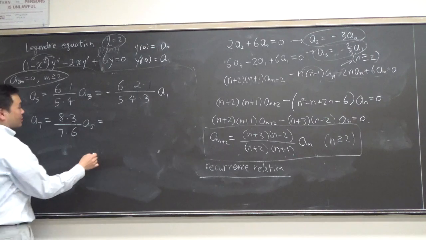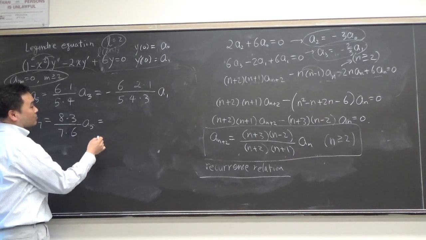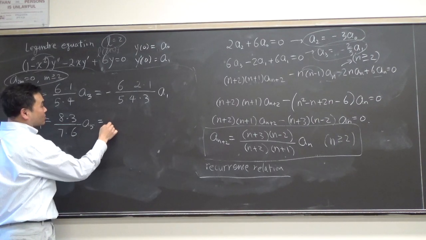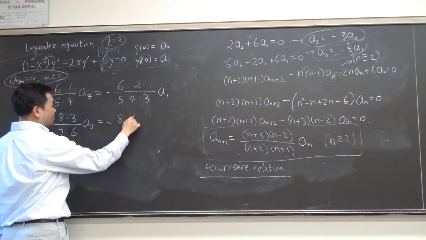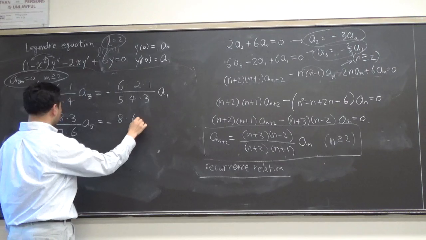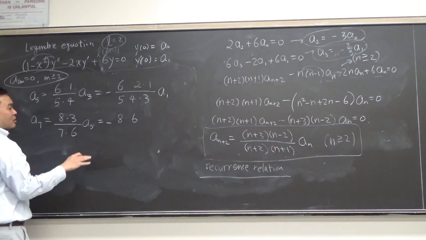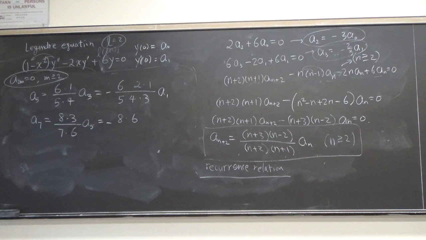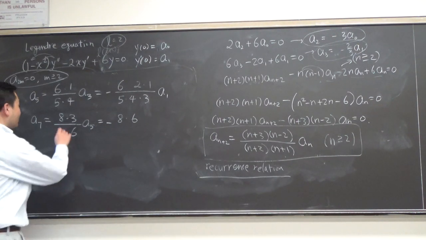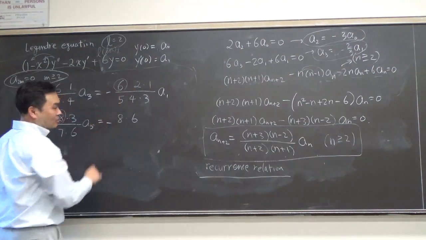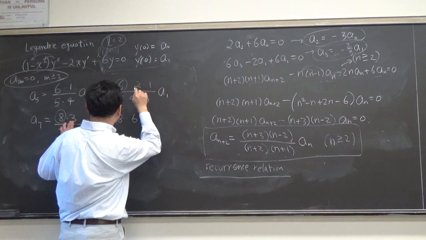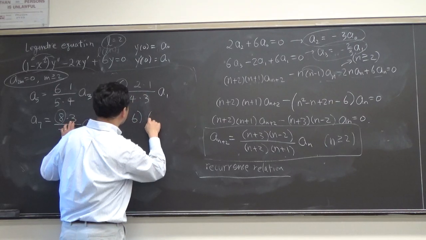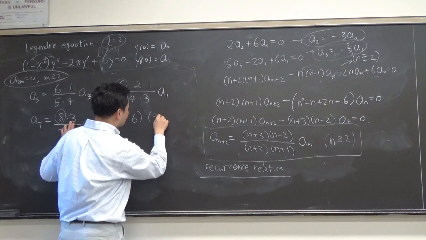So what's that? That's still negative. So negative, it's 8 times 6 times, I just want to write in order. Maybe that's not what I should do. Oh, you know what? I should multiply this with this. Okay, so we have 8 times 6 and 3 times 3 times 1.